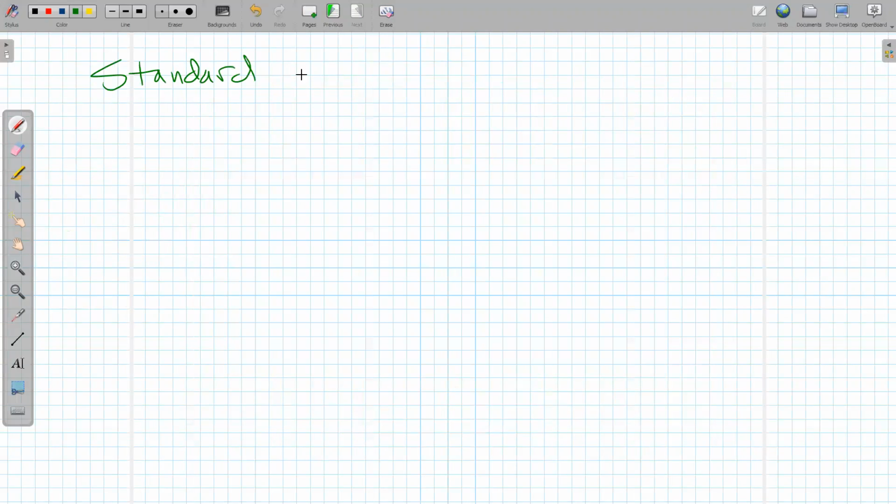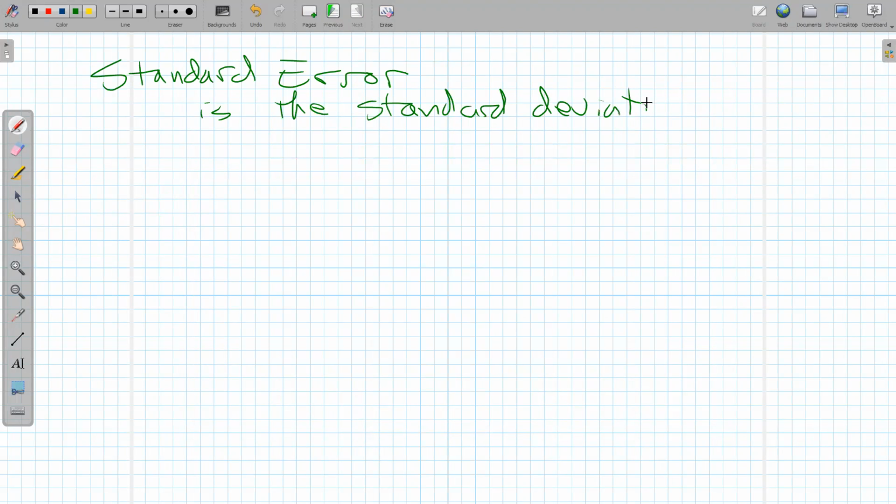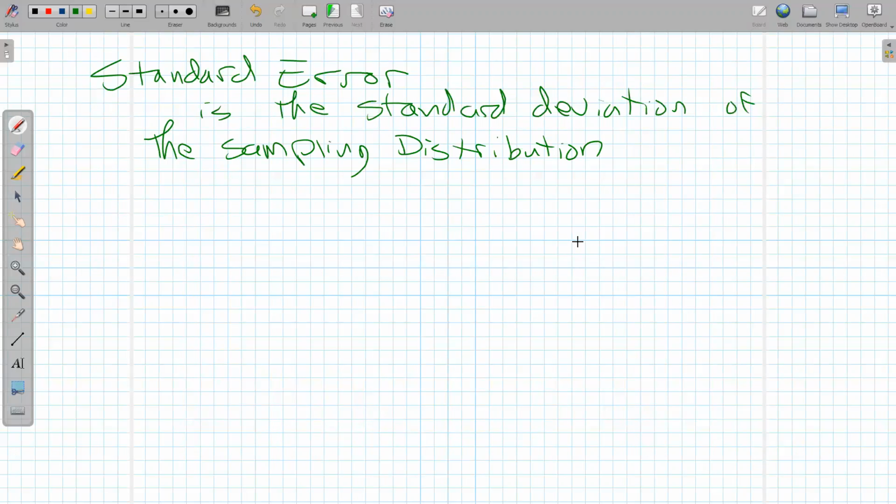So standard error is the standard deviation of the sampling distribution. It's not the standard deviation of the sample, it's not the standard deviation of the population, it's not the margin of error either, it's the standard deviation of the sampling distribution.